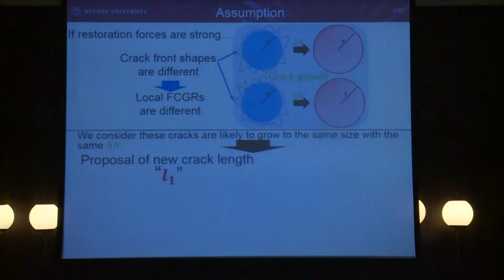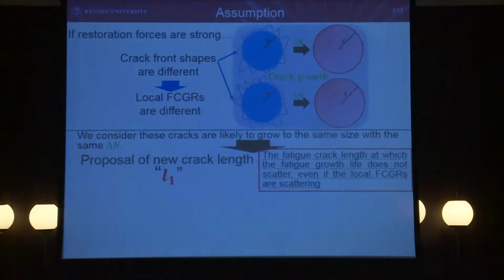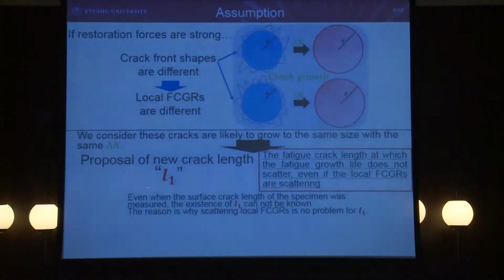And here we propose a new crack length, L1. L1 is the fatigue crack length at which the fatigue growth life does not scatter, even if the local FCGRs are scattering. And even when the surface crack length of the specimen was measured, the existence of L1 cannot be known.